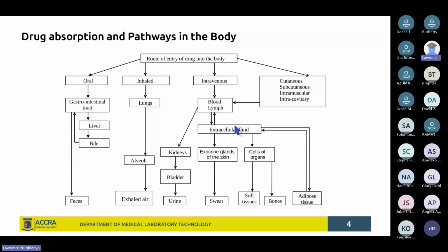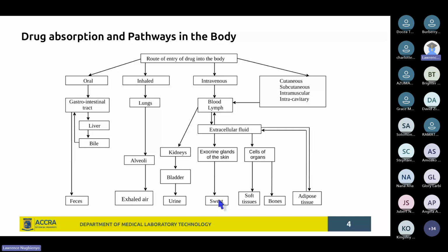And then you have some glands, exocrine glands, like the sweat gland under the skin, which will be responsible for excretion of the drug through sweat. So that is another pathway by which drugs get excreted out of the body through sweat.